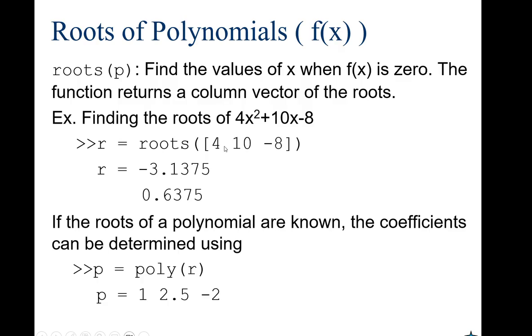Because the polynomial we had up top is 4, 10, and minus 8, but the polynomial we're getting below is 1, 2.5, and minus 2. But notice that 1, 2.5, minus 2 is simply the normalized version of 4, 10, and minus 8. If you divide 4, 10, minus 8 by 4, you'll get 1, 2.5, and minus 2.